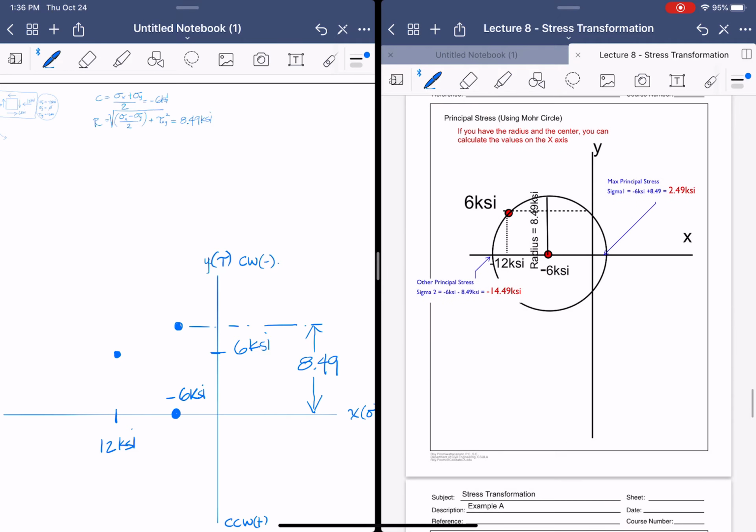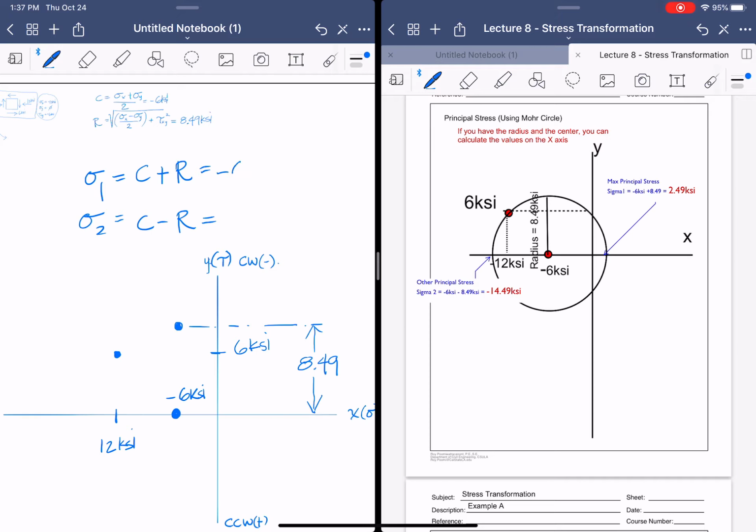So sigma 1 is equal to C plus R, and sigma 2 is equal to C minus R.